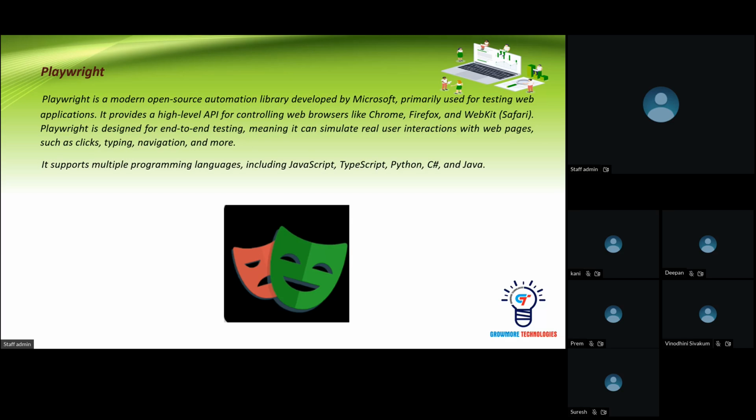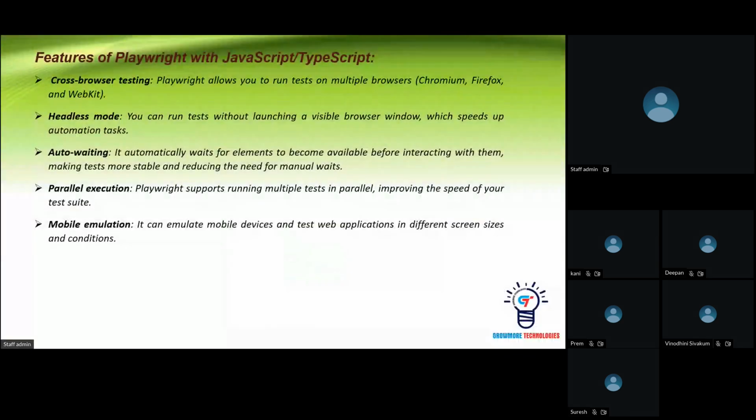Because, as you can see here, there won't be any synchronization issues, there won't be any dealing with multiple drivers, and there will be fewer flaky tests. Those are the features of Playwright with JavaScript and TypeScript. Cross-browser testing: Playwright allows testers to run test cases on multiple browsers.